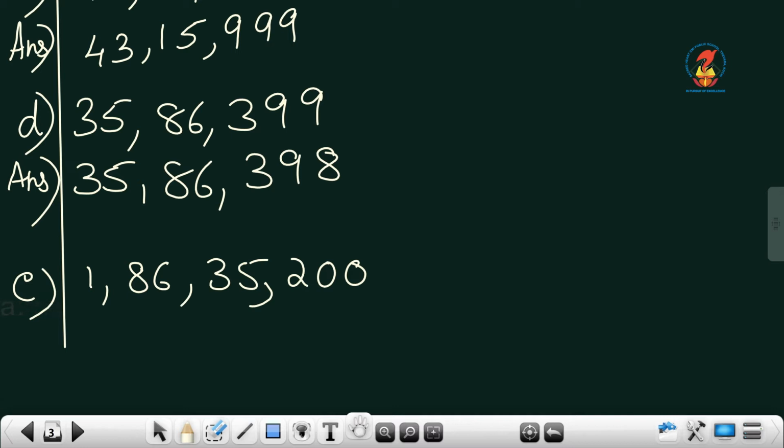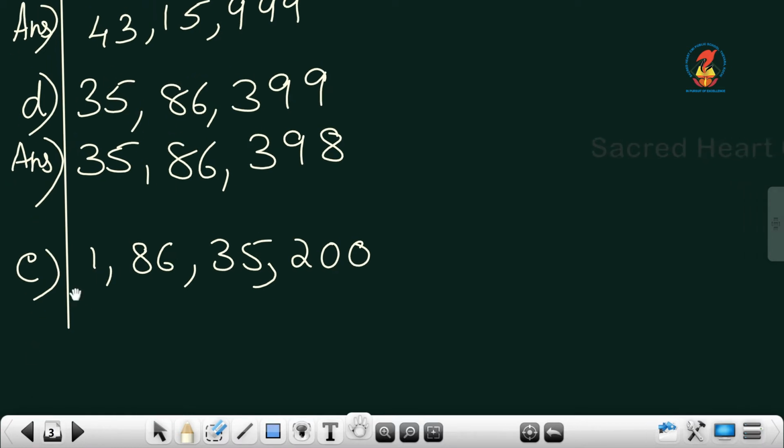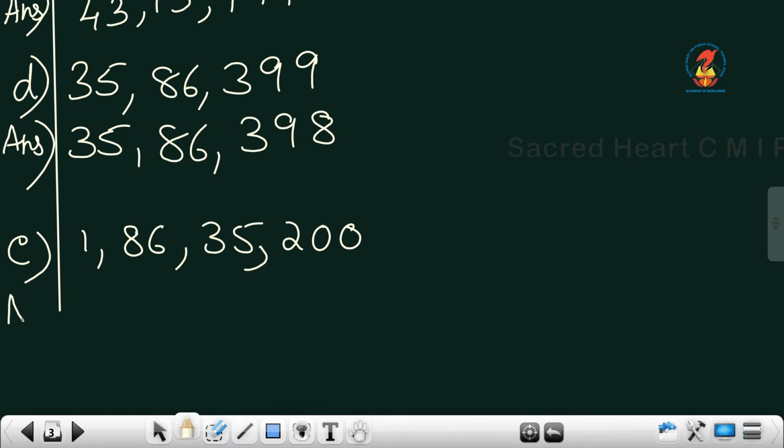When it is 0 at the last, if you have zeros at the last, zeros will become as 9 and the number just before 0 should be made 1 less. So 2 minus 1 is 1. Rest all the digits will be same.